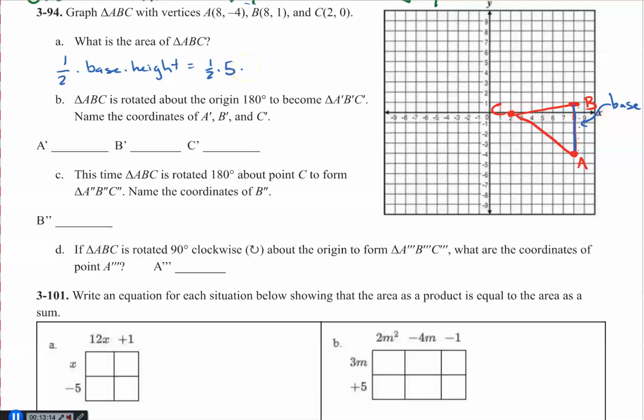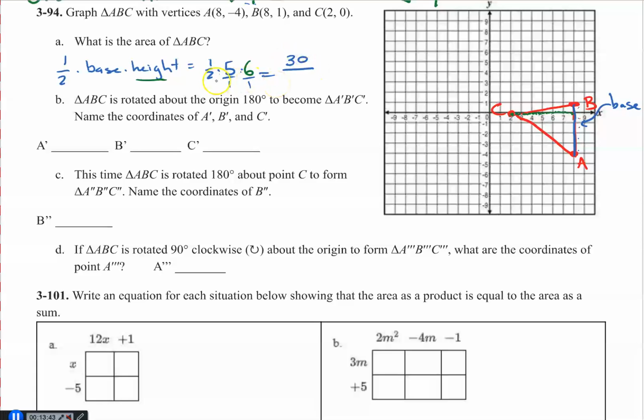And then the height, since it's pushed over on its side, this is actually the height. So that is, if we start from the base, 1, 2, 3, 4, 5, 6. So it's 1/2 times 5 times 6. All right, we can put these numbers over 1 and just multiply straight across. 1 times 5 times 6.